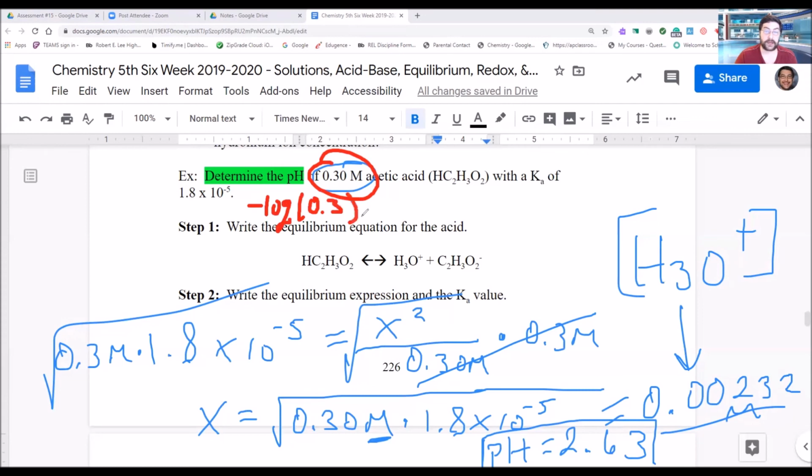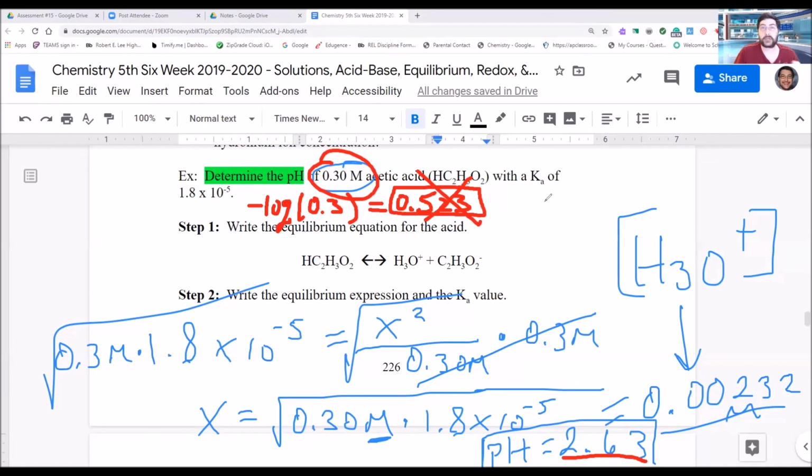And if you had done the negative log of the 0.3 molar acetic acid, then you would have gotten a pH of 0.523. And that would have been what you said was the answer to this question, when the real answer is 2.63. So you'd be a far cry off from what the actual correct answer is on a homework, quiz, or test. So make sure that you're still paying attention to your strong acid rules.